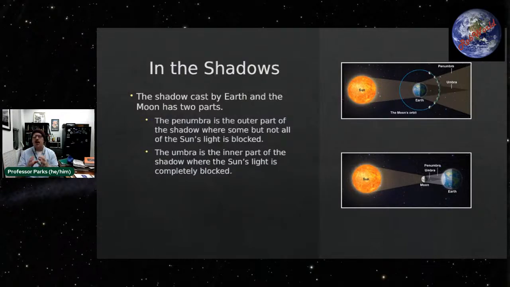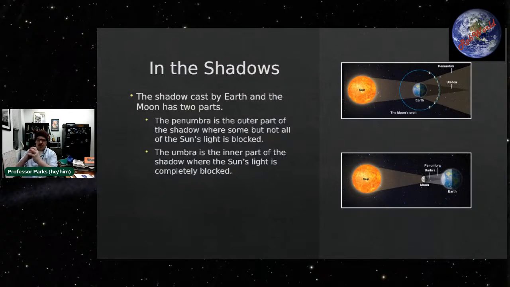What that means is, if you are in that position, no light from the sun or the light source is going to hit you. You have effectively blocked out all of the photons coming from the sun. If you're in the penumbra, what that means is some portion of that light has been blocked, but not all of it.